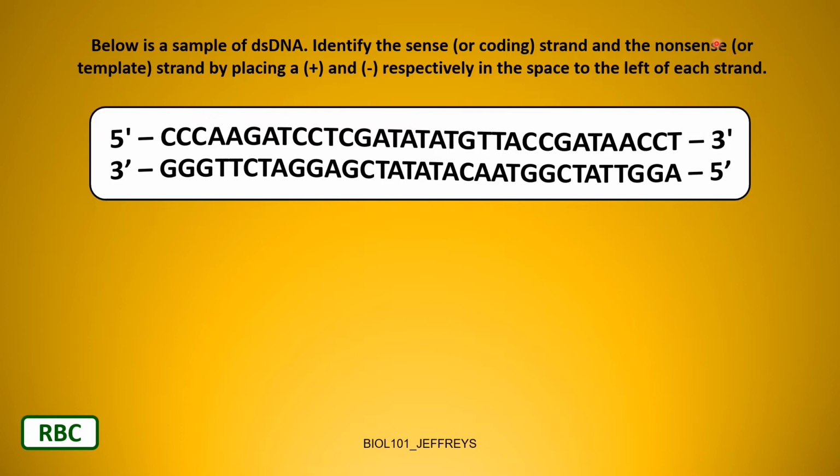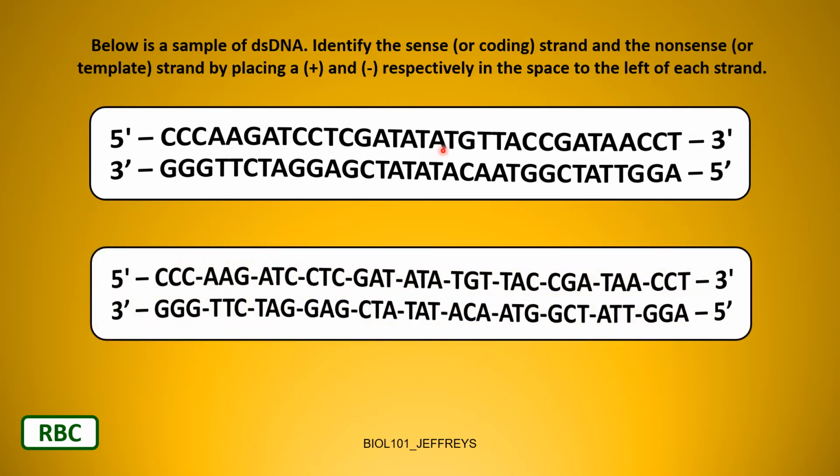Okay, should I give it away? Of course, because that's what this is all about. So remember this is 5' to 3' in this direction, 3' to 5' in this direction, and this strand is complementary to that strand. Okay, remember, complementary base pairing.